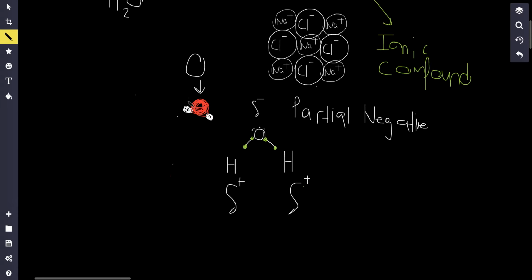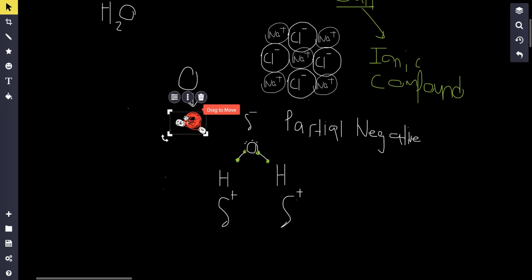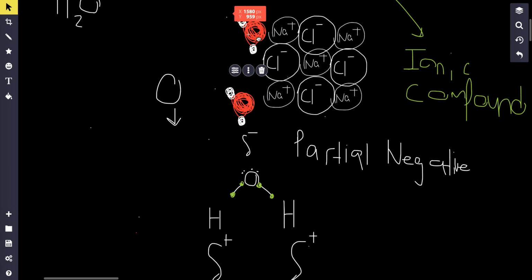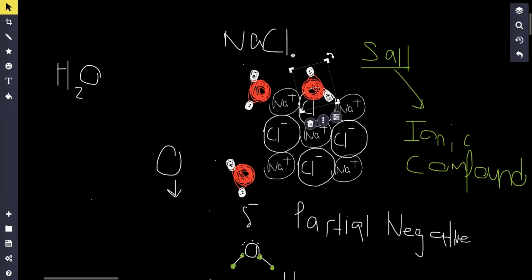Now, let's put this water molecule next to my ionic compound and see what happens. All of the oxygens will be facing my Na plus ion because they are attracted to the positive charge of the Na plus ion.